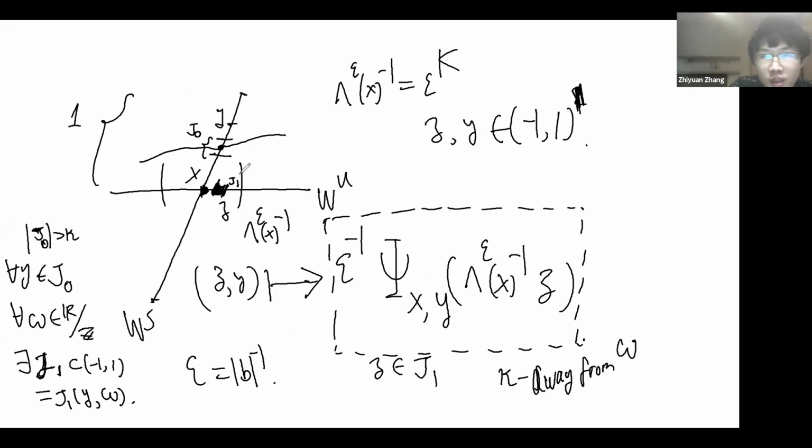This interval has definite size. I didn't write it, but this interval is also bigger than kappa. Both intervals are bigger than kappa. So in the end, this omega n is a union of intervals that look like this, chosen by this non-uniform integrability condition.